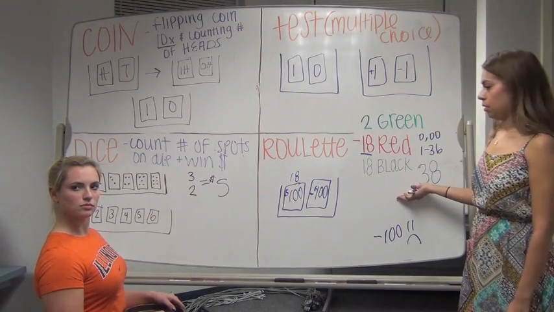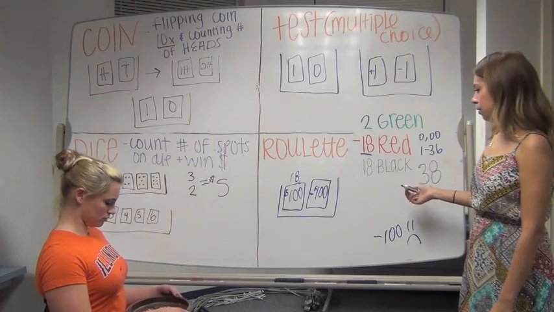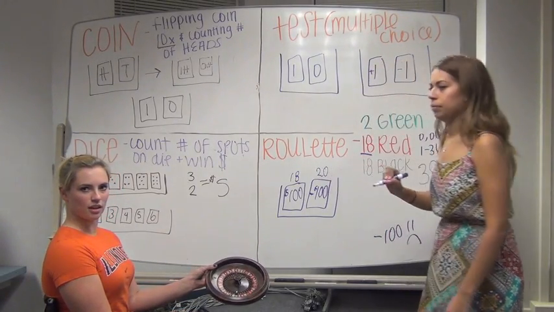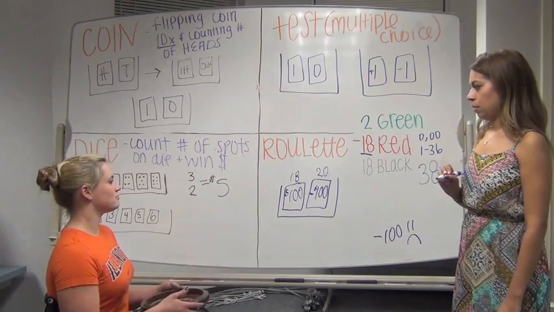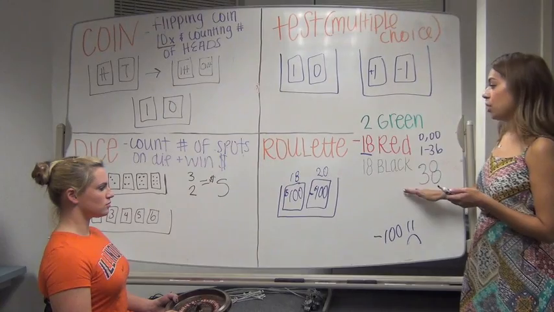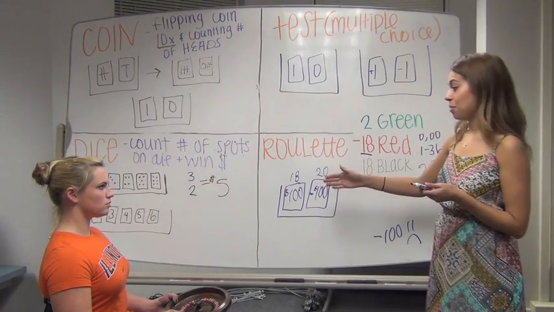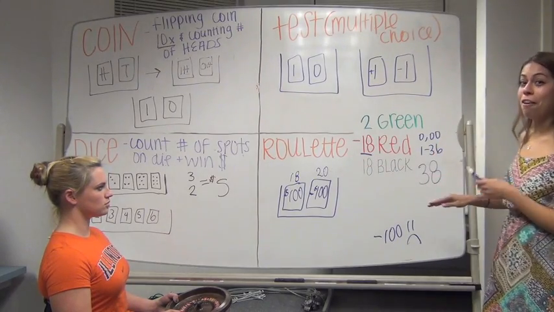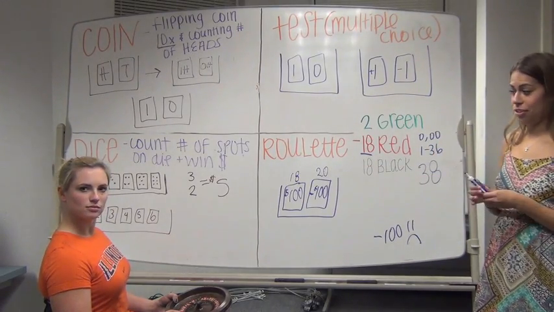The little ball spins around and falls in a slot. So there are 20 slots that aren't red. So whenever she bets, she has an 18 out of 38 chance of getting the $100, but she has a bigger chance, 20 out of 38, of not winning and losing the $100.